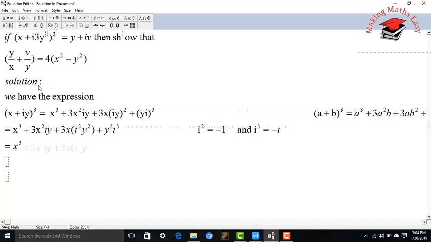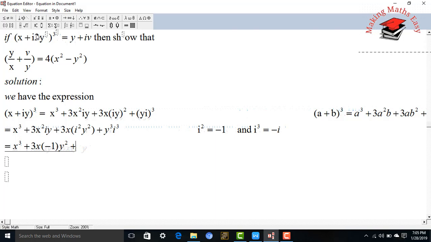So we will write x³ plus 3x. One thing we have to do is take this part over here and this part backside, so we will get the perfect real part and the imaginary part. So it will be plus 3x, and then i² is equal to −1, and then y².